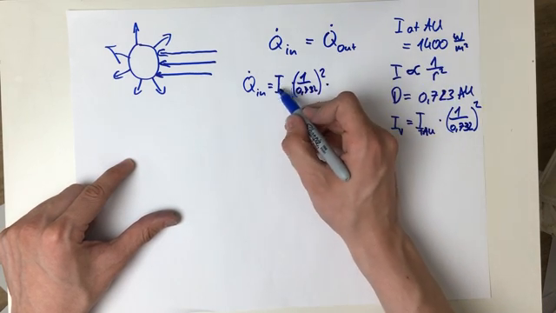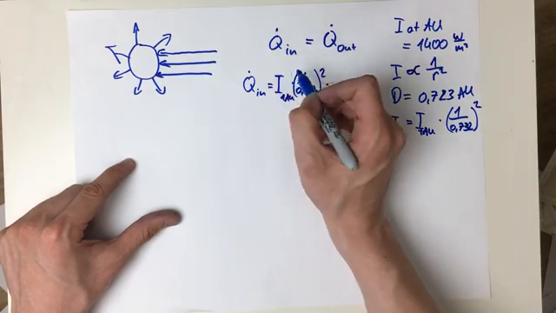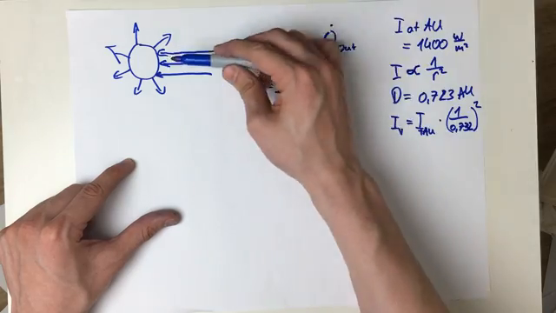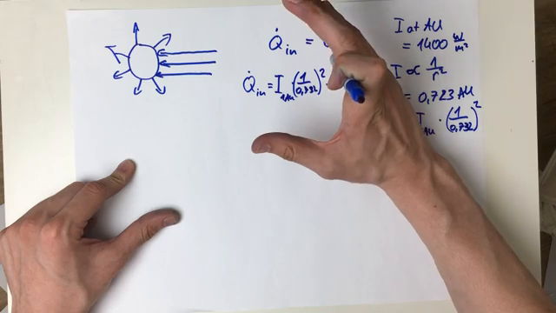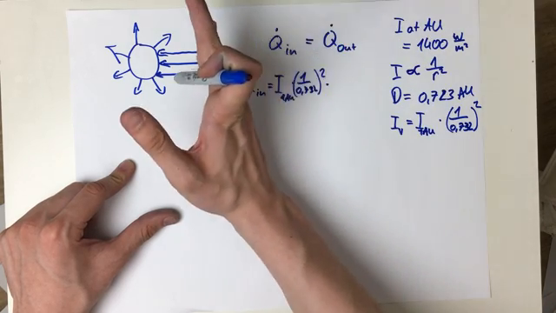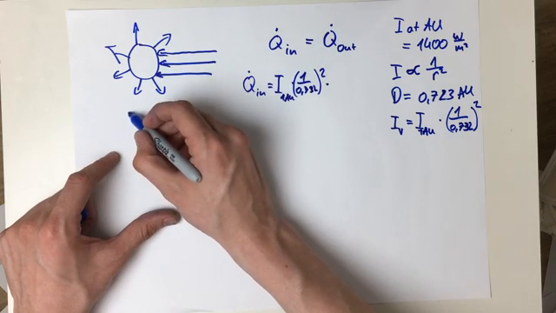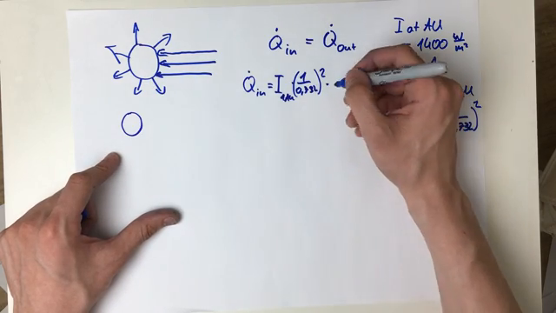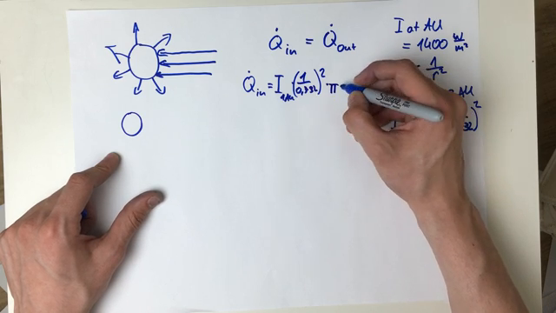Times, alright, now because the intensity is over an area, times the area that is hitting it. So the sunlight is hitting an area, right? And because the sunlight only is coming from that side, it's going to look at Venus as though it's a disk, so we will only have to use the area of a circle, pi, and that is obviously pi r squared.